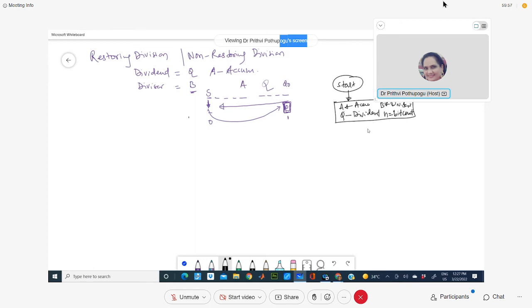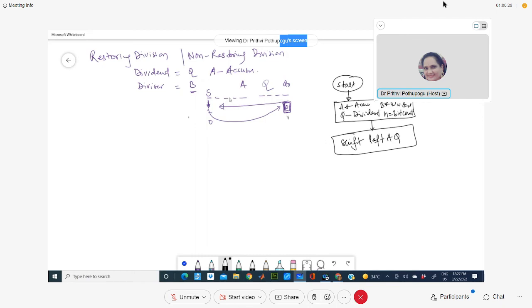Now first, A is given all zeros. In Q we take the dividend. The next step is to shift your total A and Q towards left.